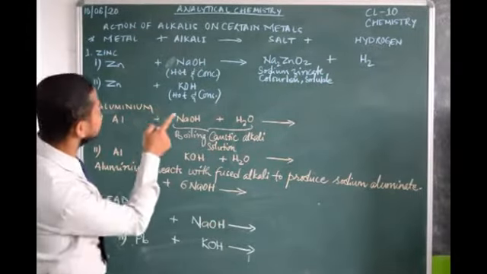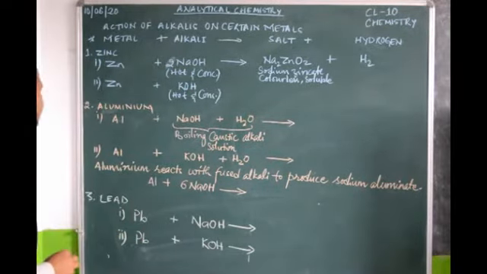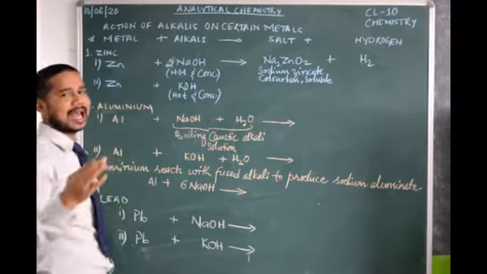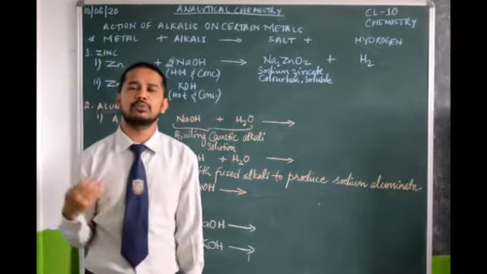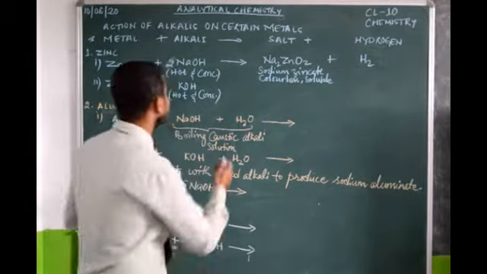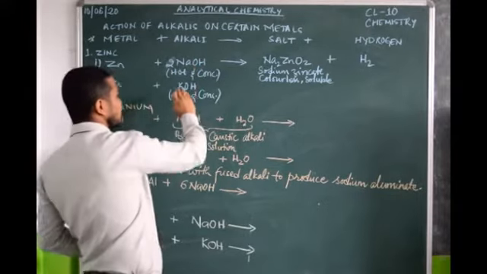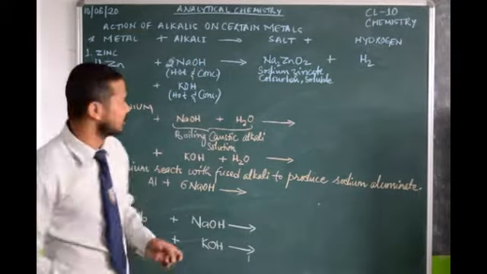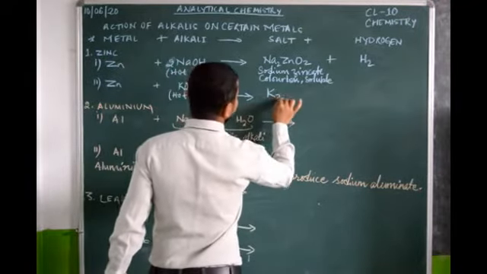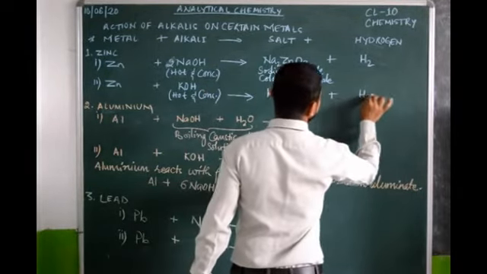And the reaction is balanced. Since sodium and potassium lie in the same group, group number 1 in the periodic table, they will have similar properties. So whatever kind of compound sodium makes, potassium also does the same. So here we will be getting K2ZnO2 plus hydrogen gas.